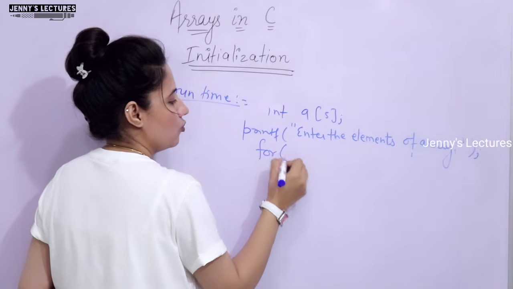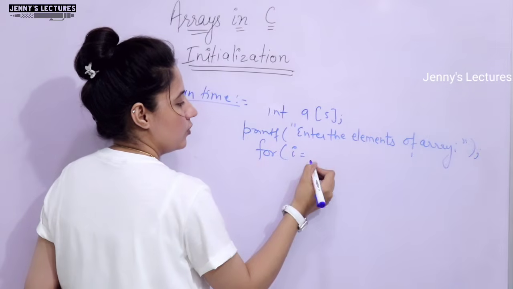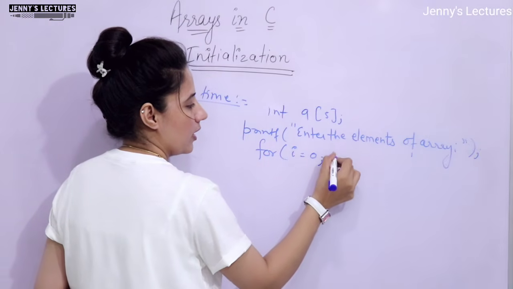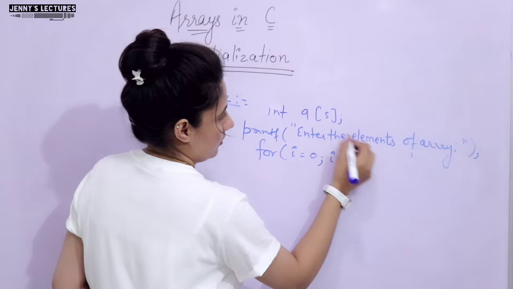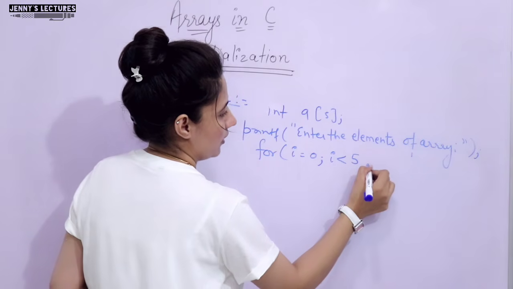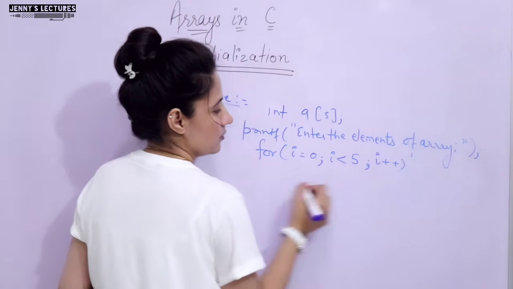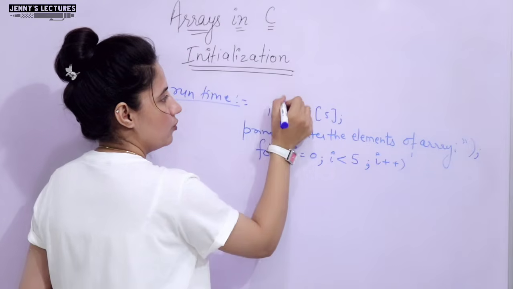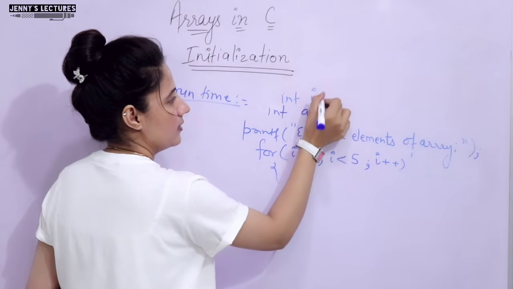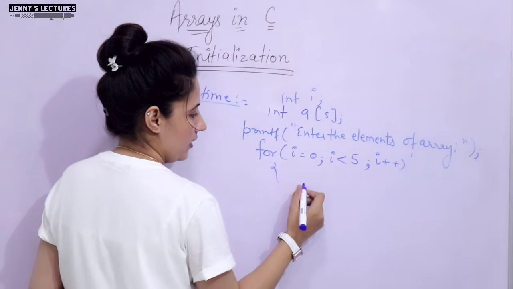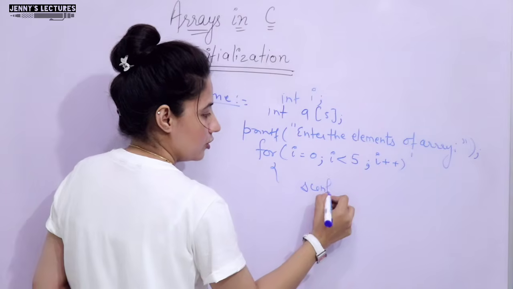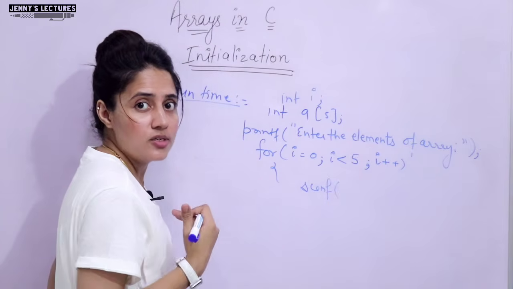I am using a for loop: i equal to 0, i less than 5, and i plus plus. Before using i, you have to declare it, int i. Now, here we can take input. How will we take it? Using the scanf function.